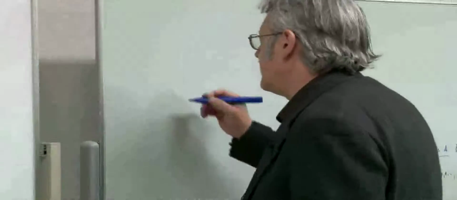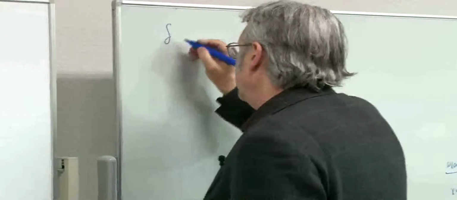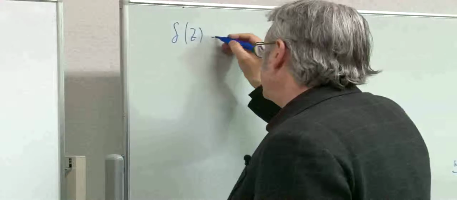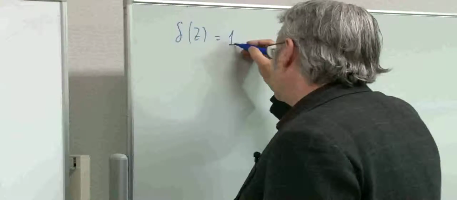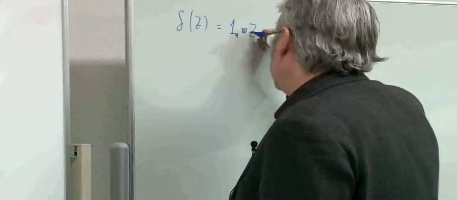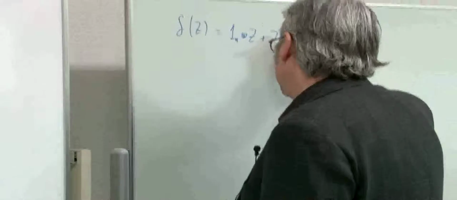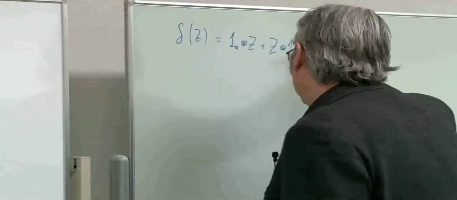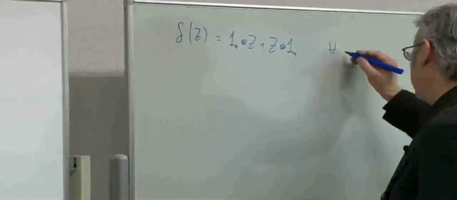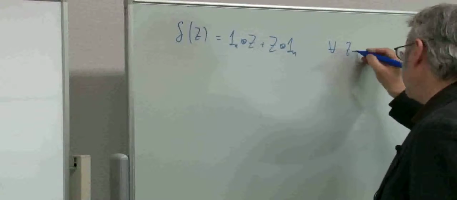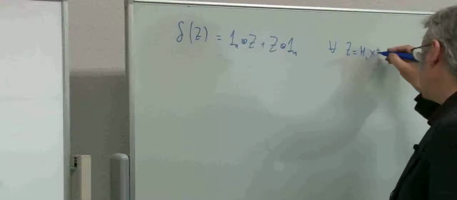It means that, for instance, delta of z will be equal to 1 times z plus z times 1 for all generators, so for z equal h, x plus minus.